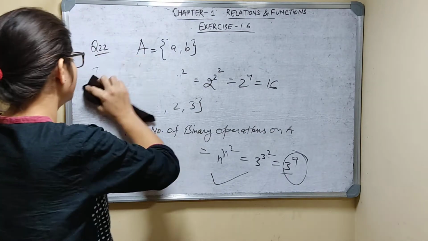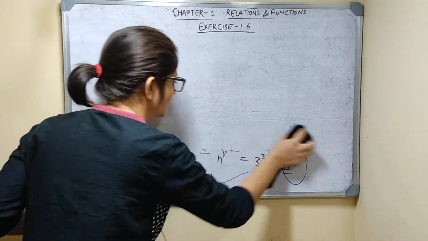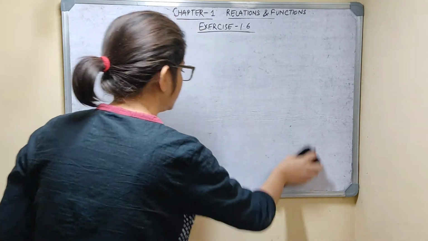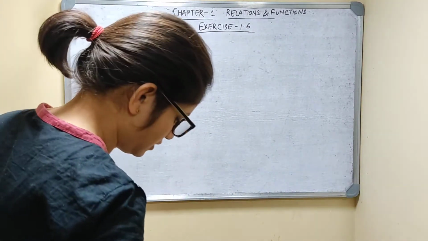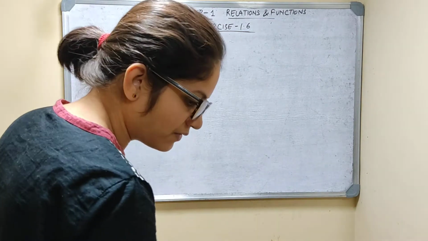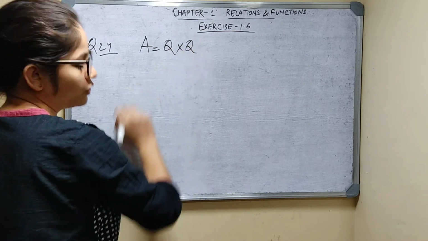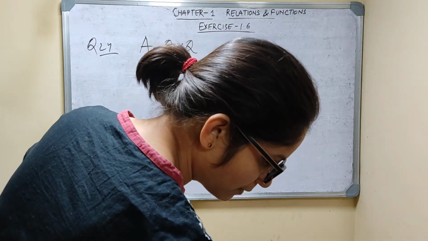Now question number 24, the last question. It is given, let A be equal to Q cross Q. Set A is given as Q cross Q, where Q is the set of rational numbers.